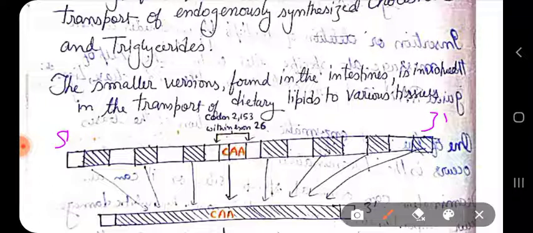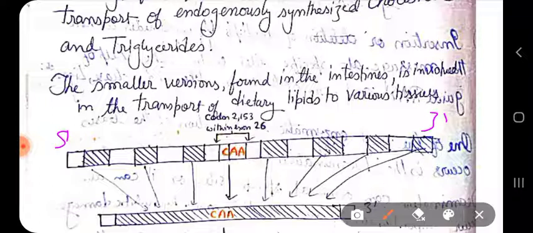Now why, and what's the function of apolipoprotein B48? This apolipoprotein B48 within the intestine contains only 2152 amino acids and helps in absorption of dietary lipids from the contents of the intestine. So normally apolipoprotein B48 helps in absorption of the lipids, the dietary lipids that we are normally using during the process of digestion, from the contents of the intestine.